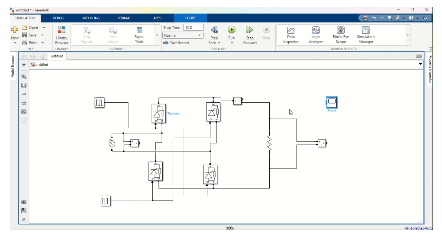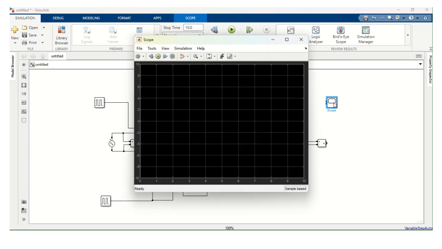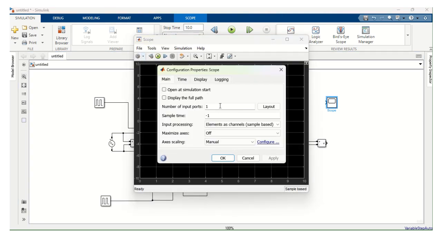So we need 5 inputs, one for supply voltage, two for the triggering pulse. So that makes 3. Output voltage is 4. Current waveform is 5. So double click scope, click the settings. Number of input port is 5. Click the layouts.